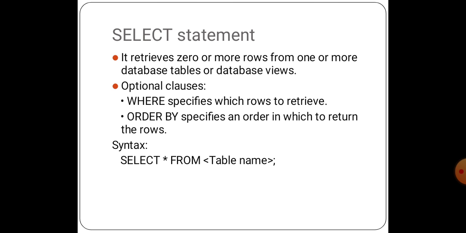For example, if we are using a student details table, we have to mention the name of the table in this particular place, and the star represents all the entries in the table.